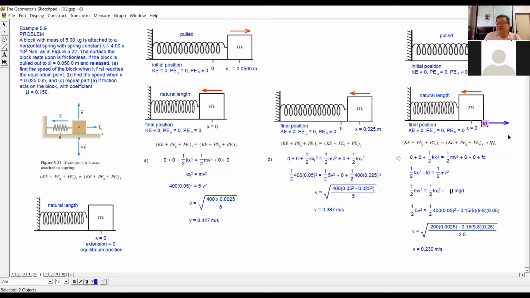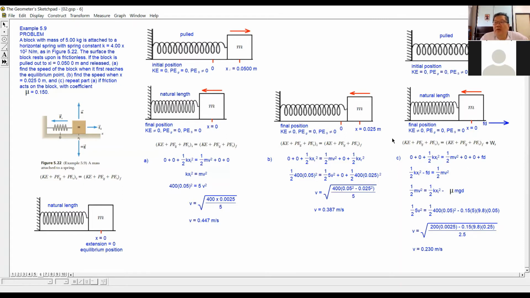Now this FD, the frictional force, is opposing the block being pulled back by the spring. As your spring pulls back the block, it rubs against the friction along the surface of the floor. So that's why we have this FD opposing it. I draw it using the blue arrow.